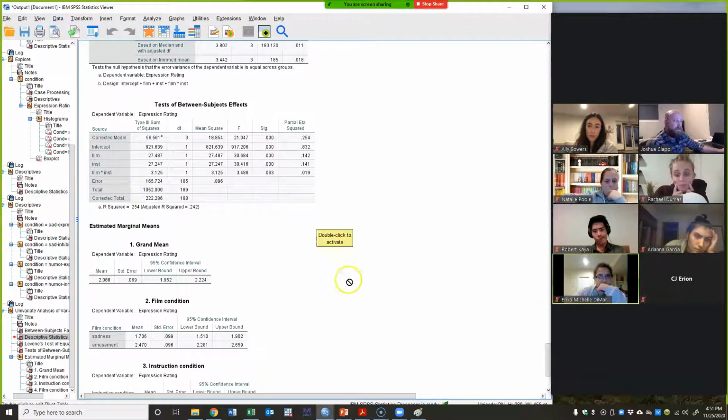Okay, so looking at the output from our table, Robert, what are we seeing in terms of our hypothesis tests within this table?